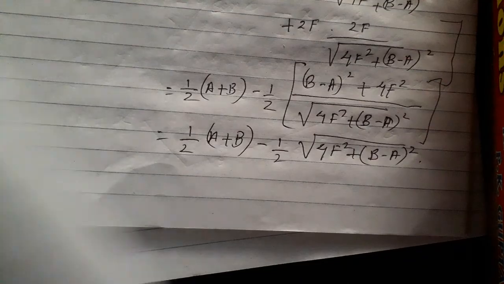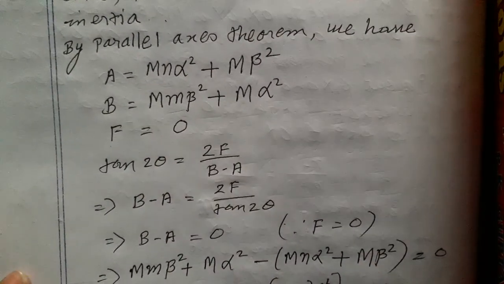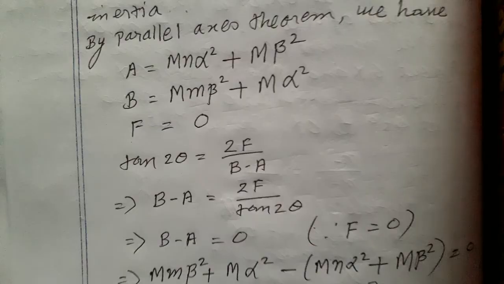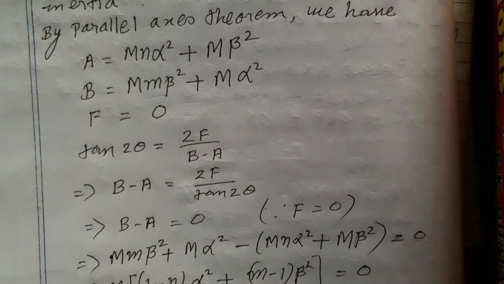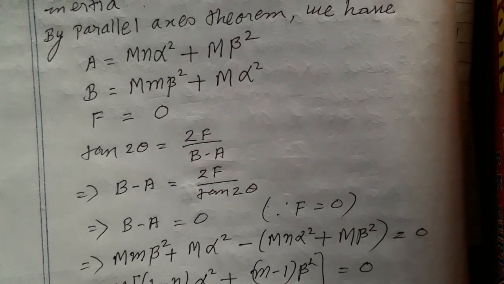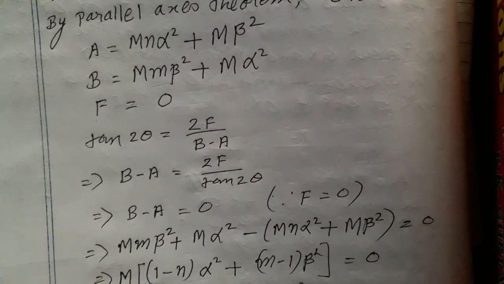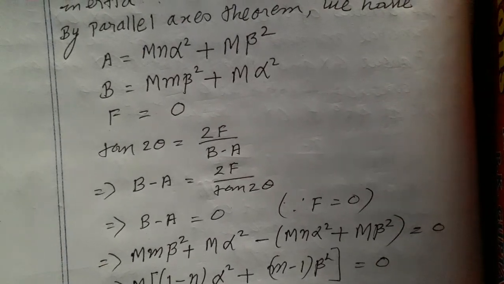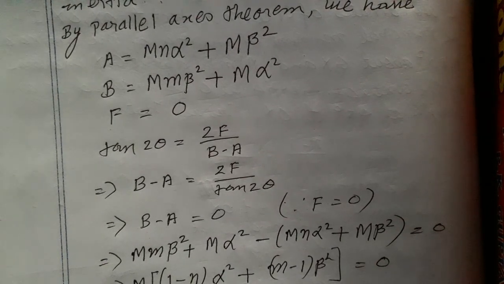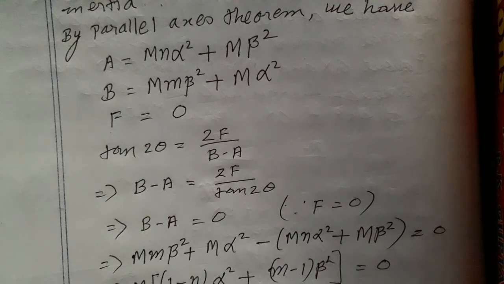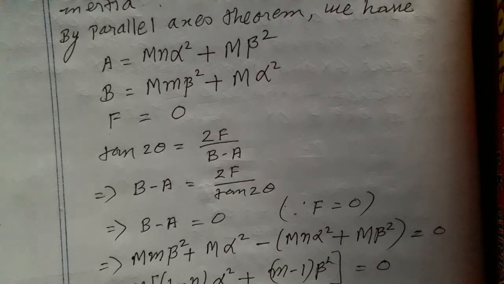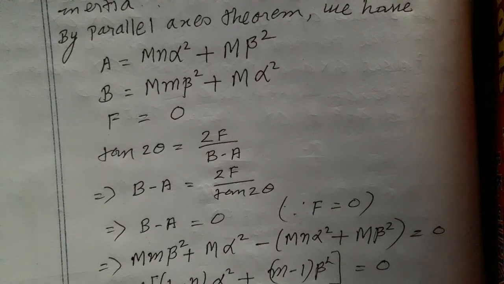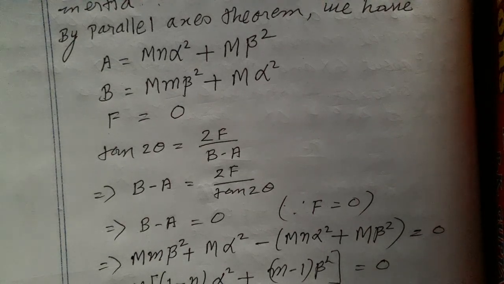In a similar manner, we proceed further. Since A and B are the principal moments of inertia, we will use the parallel axis theorem. We know the moment of inertia about Gx is M n alpha squared, and about Gy is M m beta squared. So A is equal to M n alpha squared plus the mass of the lamina into the square of the distance between the two axes, which is beta, so M beta squared.